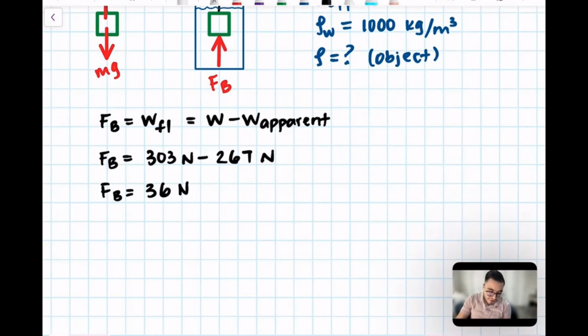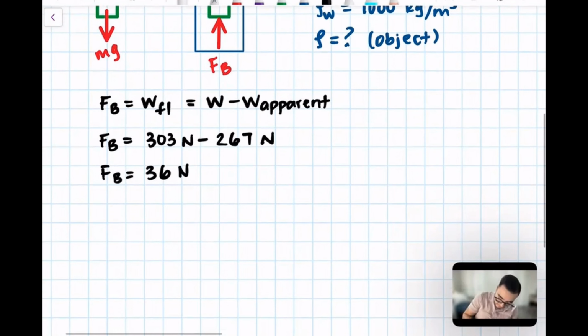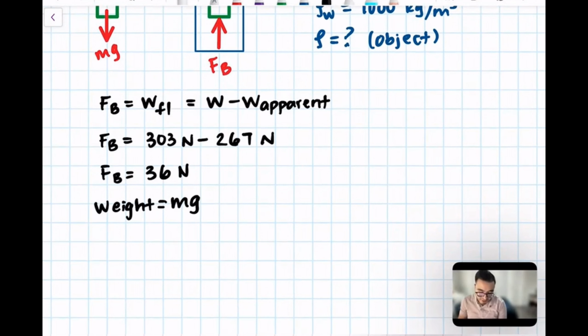Well, we know that the weight of anything, so just weight in general, is equal to the mass of whatever object we have, whatever fluid, times the acceleration of gravity.